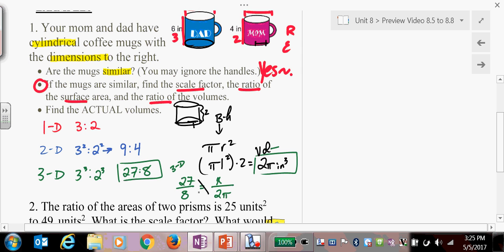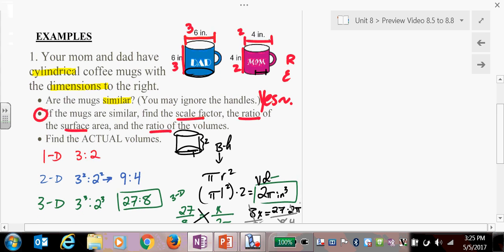We can come up here and find that volume in pi form. We're going to cross multiply and solve. We're going to divide by 8 here. 2 goes into 8 4 times.